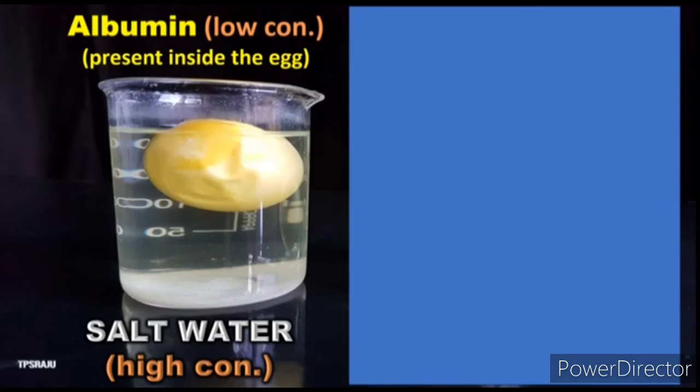Here, the liquid content inside the egg runs out through the layer. That is why the egg shrinks. The size is decreased and the water level outside is increased.